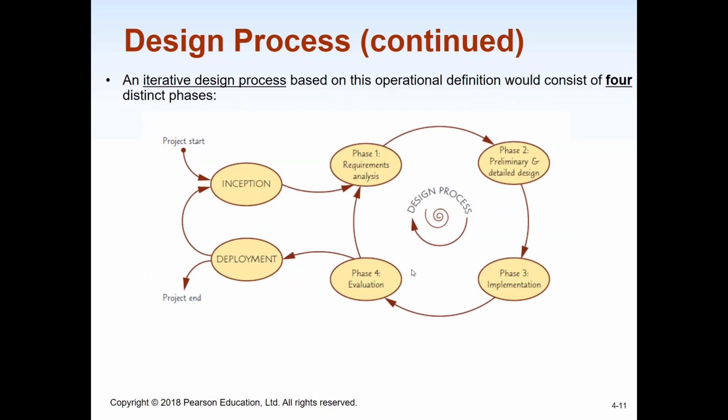So the interactive design process, based on the operational definition, usually has four distinct phases or stages. After the inception, the beginning, the start, we have the requirements analysis here.